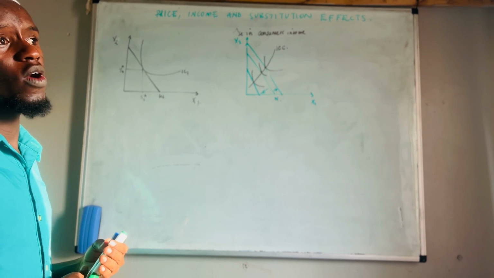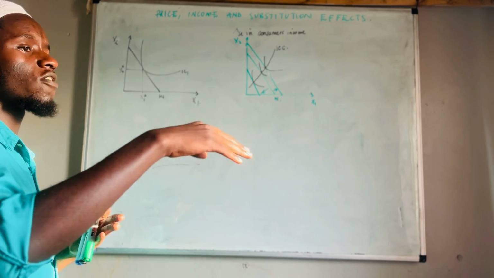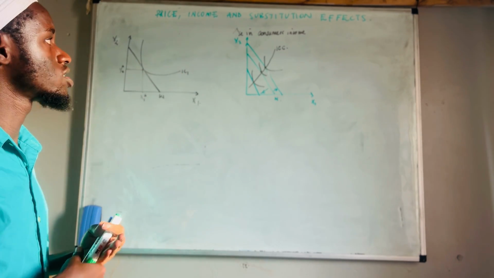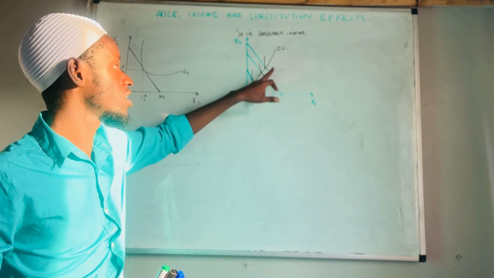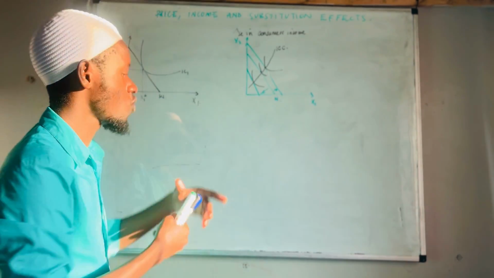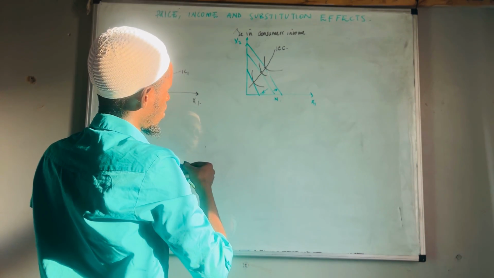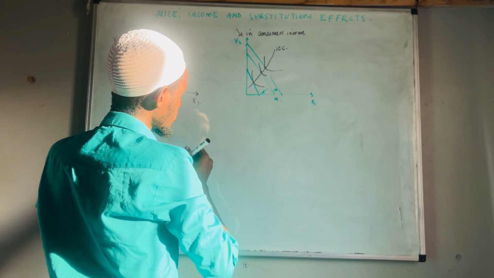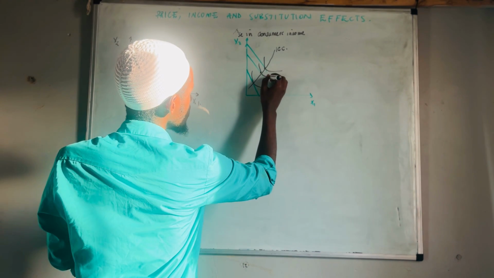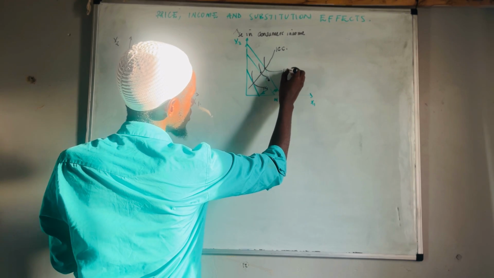But wherever our budget line goes, there will be an indifference curve which is tangent to it, so I have the optimal quantities of X1 and X2 that I will be able to consume at that point. Originally, let me say this is our IC0 and this is our IC1, and then this is our IC2.